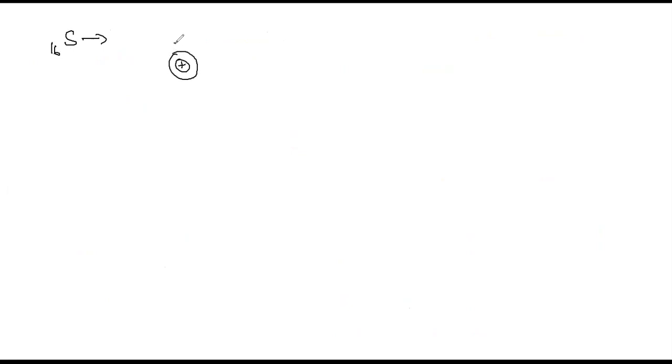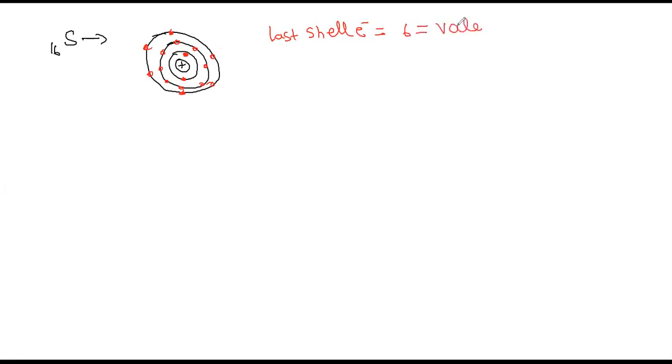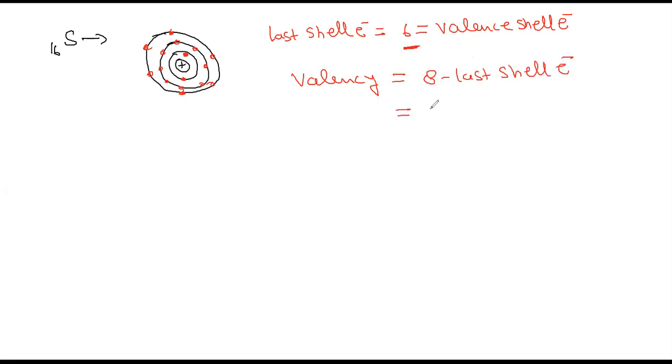This is the nucleus, the first shell, second shell, and third shell. The first shell contains 2 electrons, the second shell 8 electrons, and the third shell contains 6 electrons. So the last shell electrons equal 6, which equals the valence shell electrons. Since the last shell contains more than 4, valency equals 8 minus last shell electrons, so 8 minus 6 equals 2.